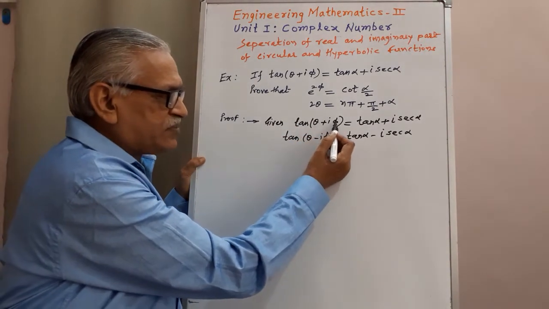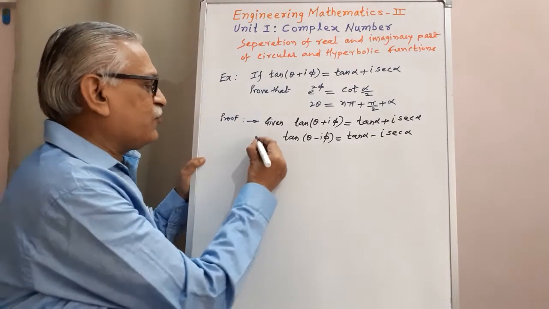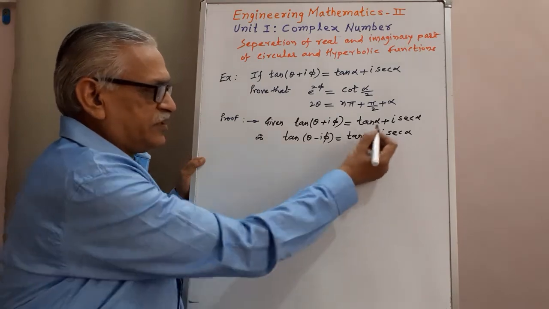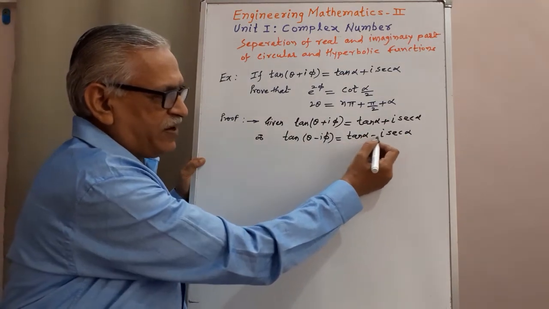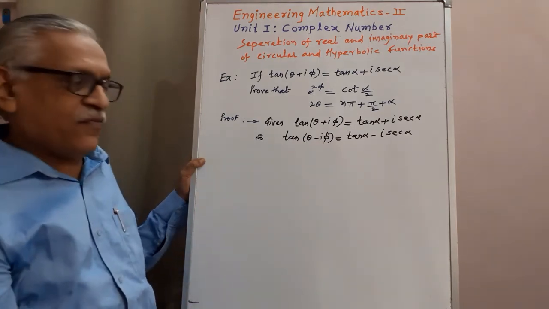Tan of theta plus i phi is tan alpha plus i secant alpha, and therefore its conjugate tan alpha minus i secant alpha is equal to tan of theta minus i phi.